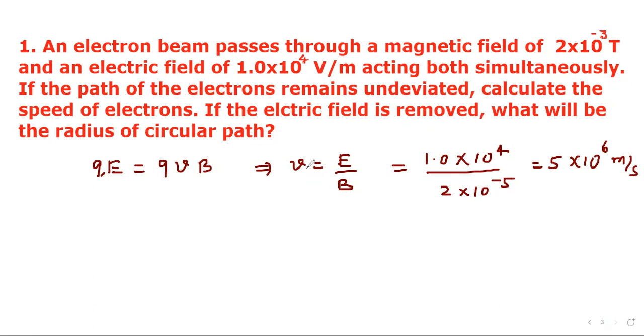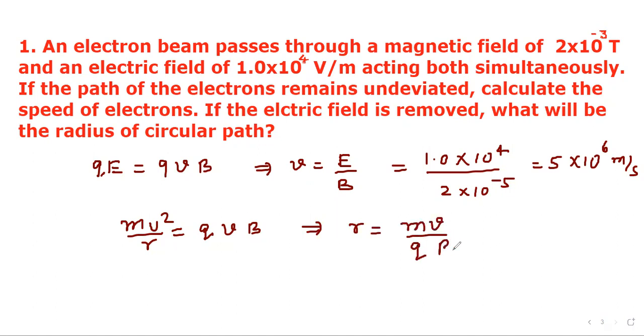Now, when the electric field is removed, the magnetic field will cause circular motion. So we can say MV square upon R must be equal to QVB, or R equal to MV upon QB.